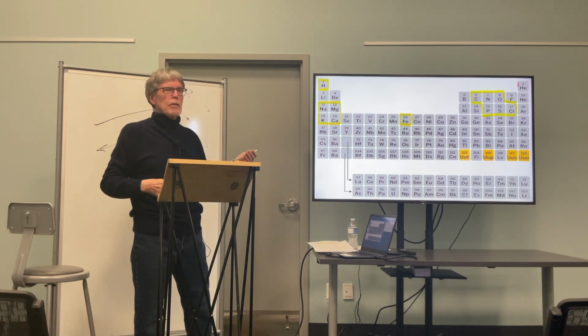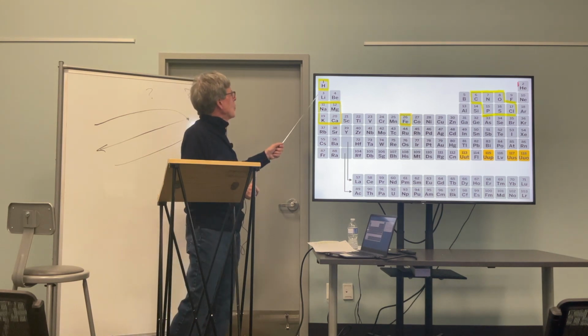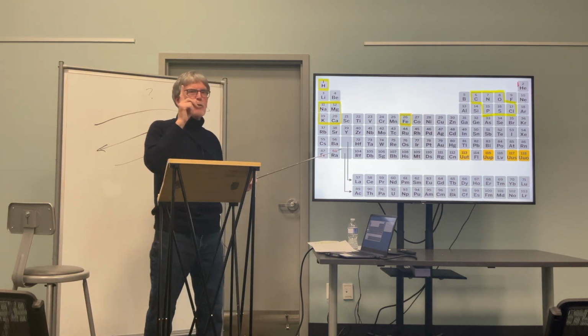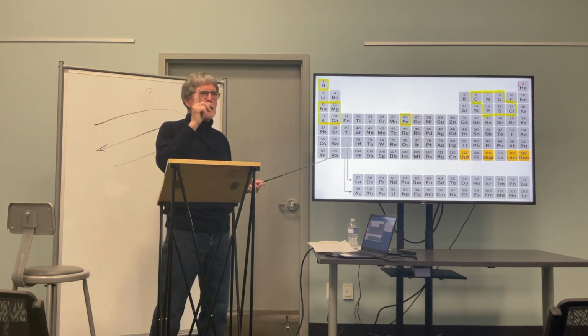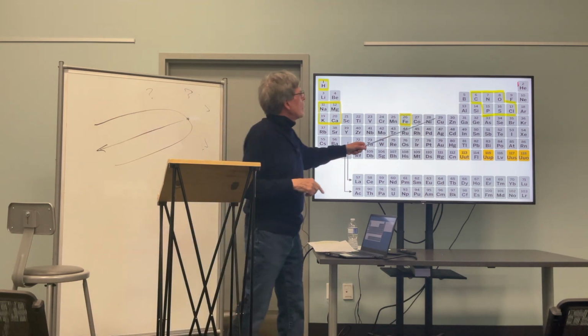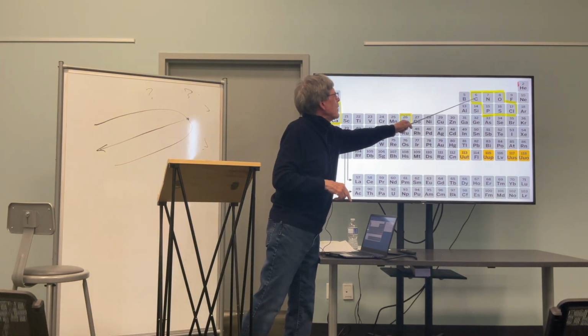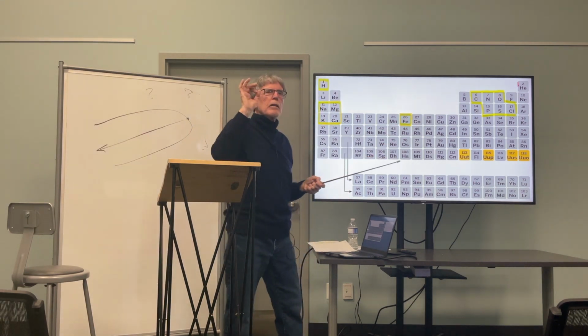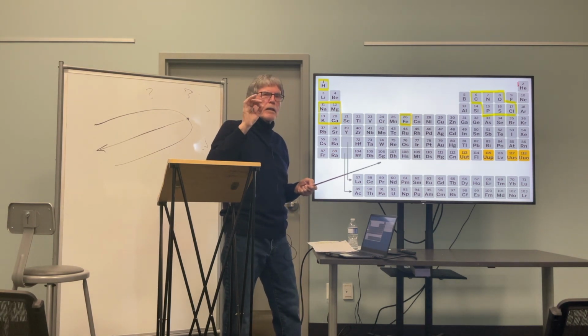Periodic table, you kind of recognize this, but I just yellow lined the elements of life here, where they are. And there they are. There's carbon, the matriarchal element, probably the most important element. All life is carbon-based, right from the beginning.